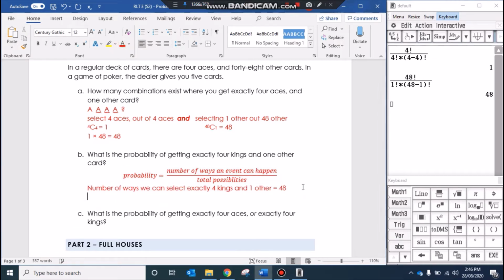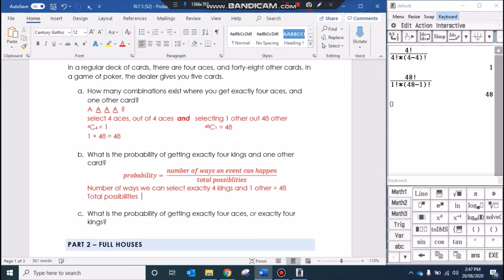Now all we need to know are the total possibilities. We might be asking total possibilities of what? What are we talking about? If we look at the problem, what we're actually doing here is selecting 5 cards, so 4 kings, one other card, but we're selecting 5 cards out of a deck of 52.